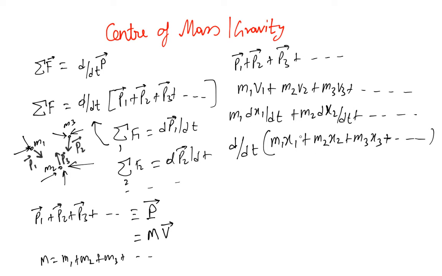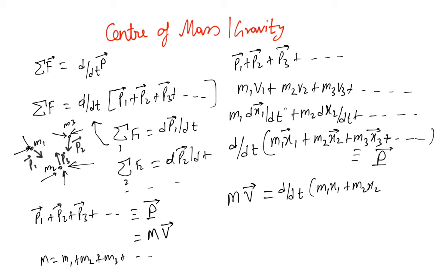So this is what is equal to the capital P. And we have already given a definition that we can also write capital P as MV. So we can say M V, aggregating over all the particles, equals d over dt of M1 x1 plus M2 x2 plus M3 x3 and so on.